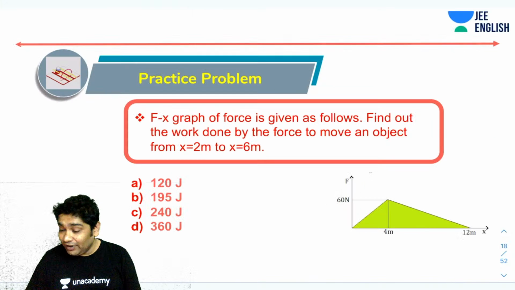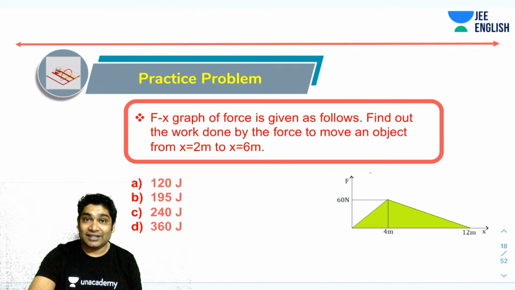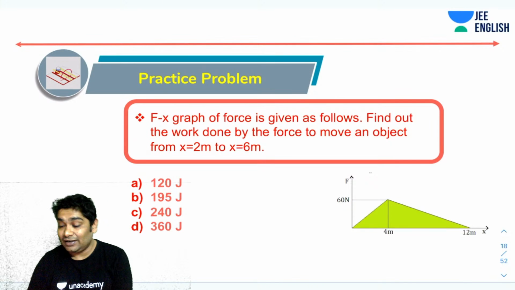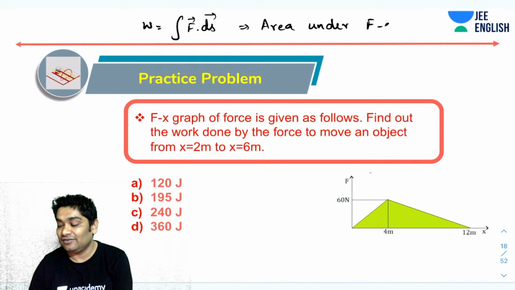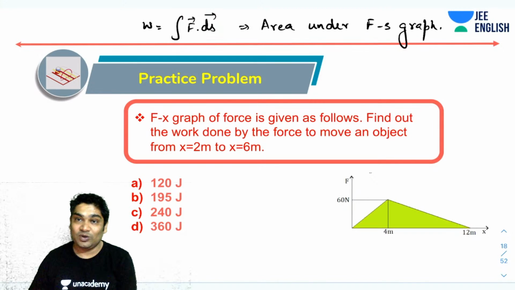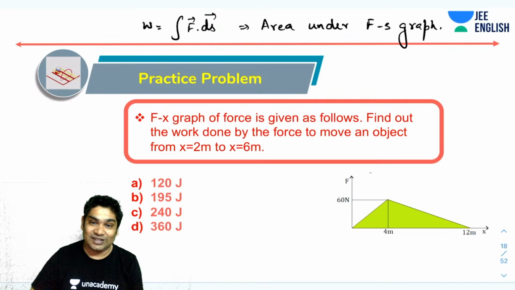All right, moving ahead. Here is another question which should remind you that work done by a variable force was integral F dot ds. So you realize what this is? This is the area under the F-s graph. This is just to remind you of that. So let's quickly try and solve this one now.